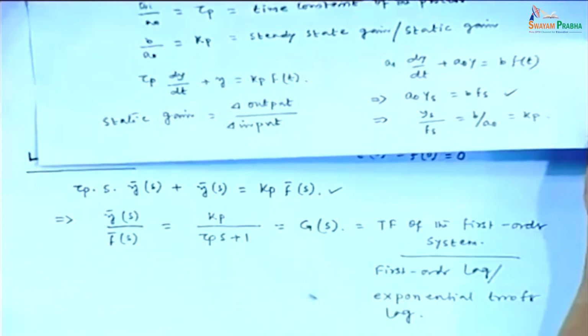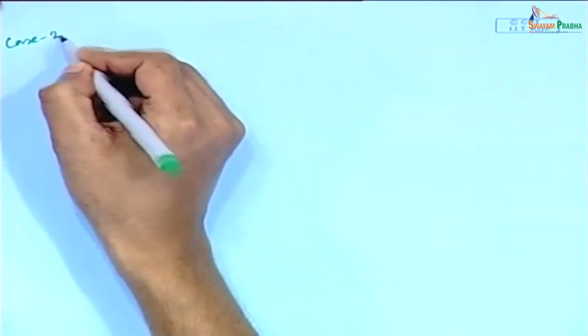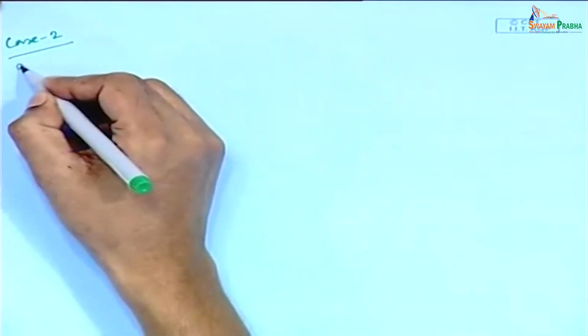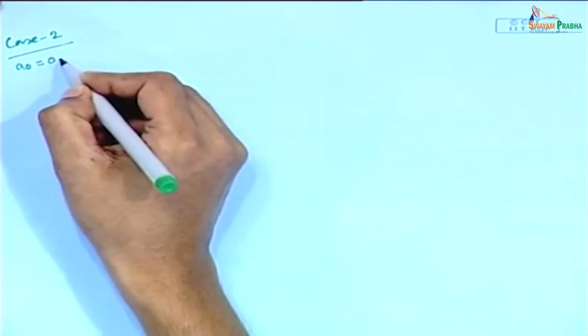So, in the first case we have considered a naught not equal to 0. In the next case, case 2, we will consider a naught equal to 0.